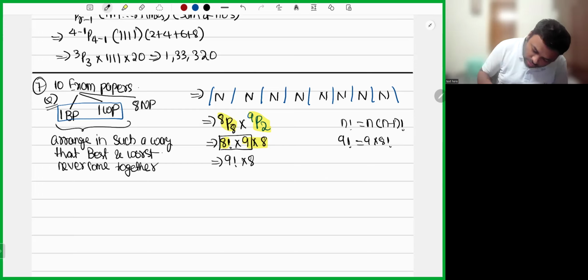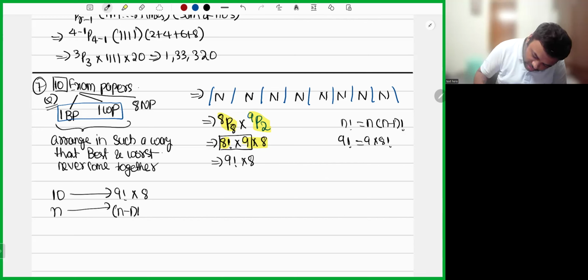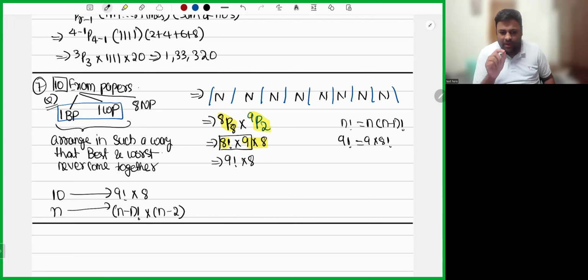Now, here 10 you have, and you are writing 9 factorial into 8, right? If you are having n instead of 10, how will you write? You will write it as (n minus 1) factorial into (n minus 2). I hope all of you will agree. 10 is there, you wrote 9 factorial into 8.